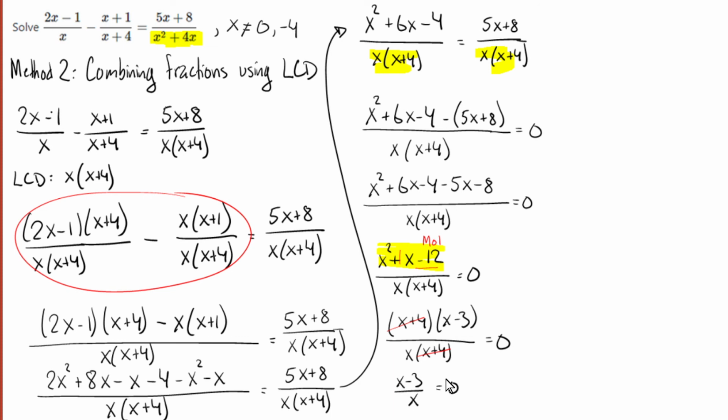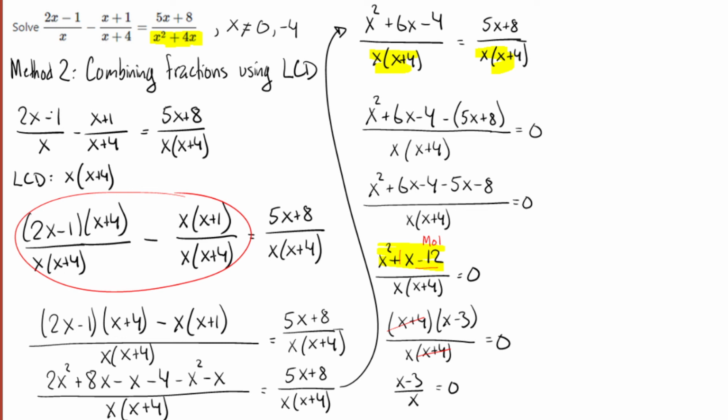Okay, now we're solving this and we're ending up with a fraction. And this fraction here is supposed to equal 0, which will only happen when the numerator is equal to 0. Okay, the denominator cannot be 0, right?